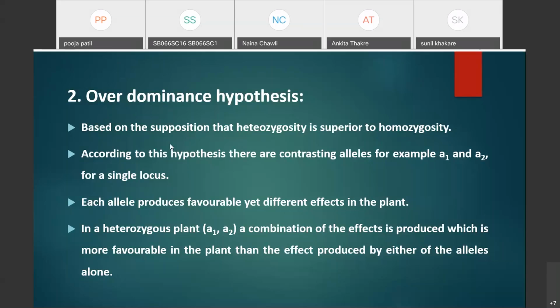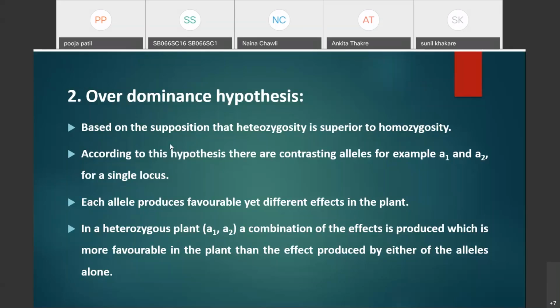In the heterozygous plant A1 A2, a combination of the effects is produced, which is more favorable in the plant than the effect produced by either of the alleles alone. That means A1 and A2 are responsible for producing different effects, but when they come together, their combination produces a hybrid which is more vigorous and superior to either parent.